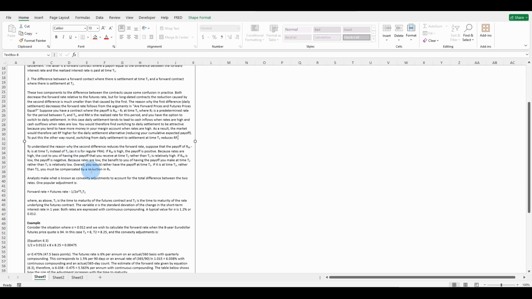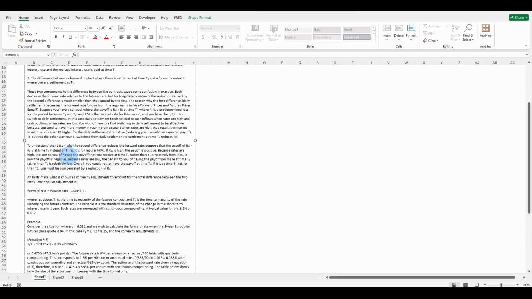As a result, the market would set R_F higher for the daily settlement alternative, reducing your cumulative expected payoff. To put this the other way around, switching from daily settlement to settlement at time T1 reduces R_F. To understand the reason why the second difference reduces the forward rate, suppose that the payoff of R_M minus R_F is at time T2 instead of T1, as it is for regular forward rate agreements. If R_M is high, the payoff is positive. Because rates are high, the cost to you of having the payoff that you receive at time T2 rather than T1 is relatively high.